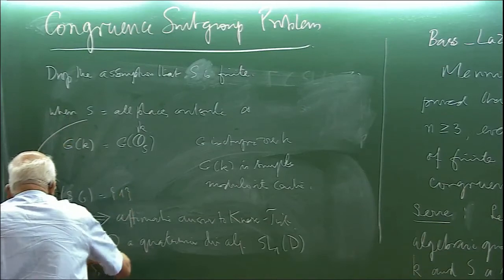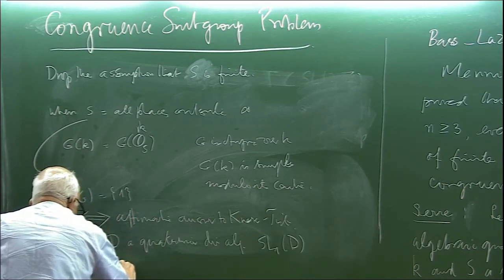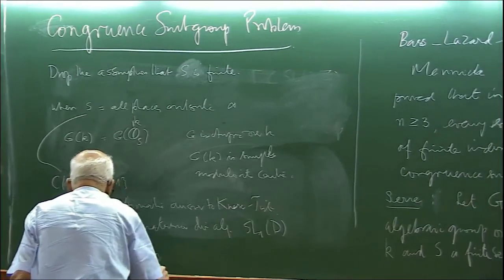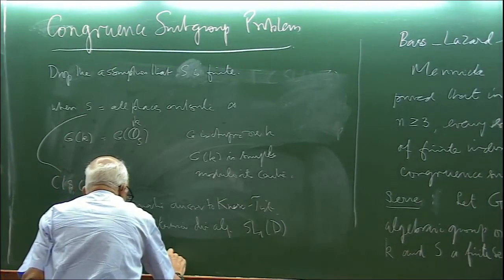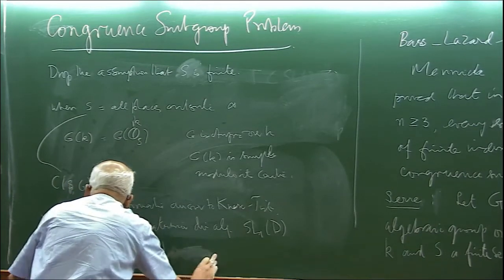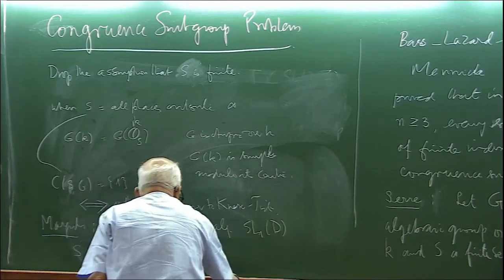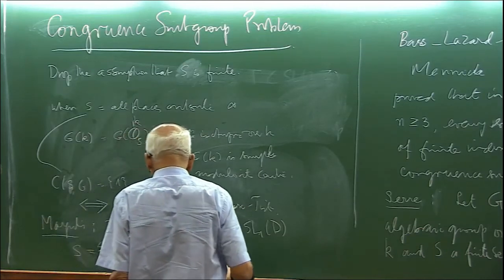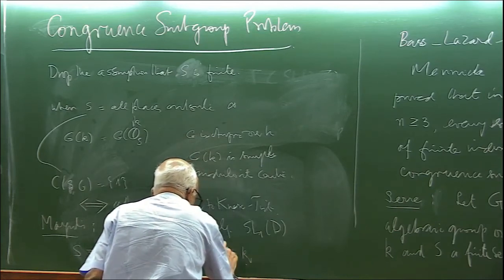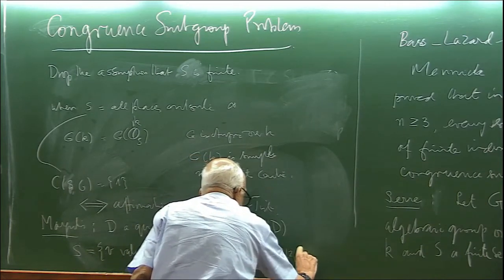You should be careful here. Now take S to be the set of valuations V such that V is Archimedean or D tensor kV, where kV is the completion at V, is isomorphic to M2(kV).